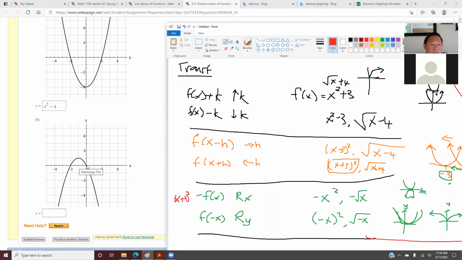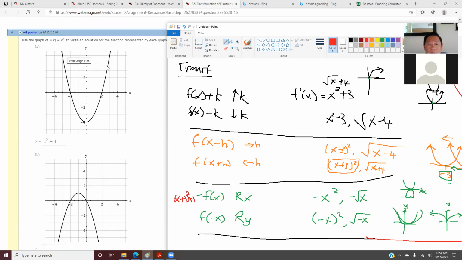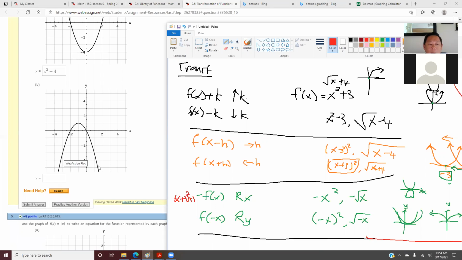So this one is telling us you move left 1, and then you go up 1, right? Up 1 means you plus 1. But this graph is being reflected. Usually your graph is a happy face. Now this is a sad face. So what happens is it's been reflected by what? By the x-axis. So this one you have to put a negative in front.